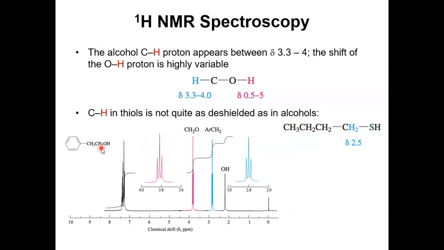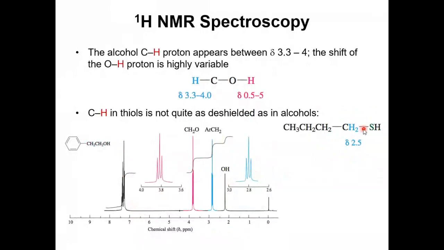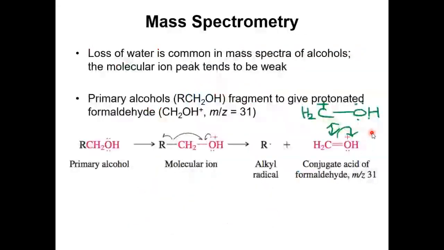So both are triplets. And those five protons are just aromatic protons, appearing around 7-something ppm. And the alpha protons of thiols are less deshielded because SH is less electron withdrawing than OH.